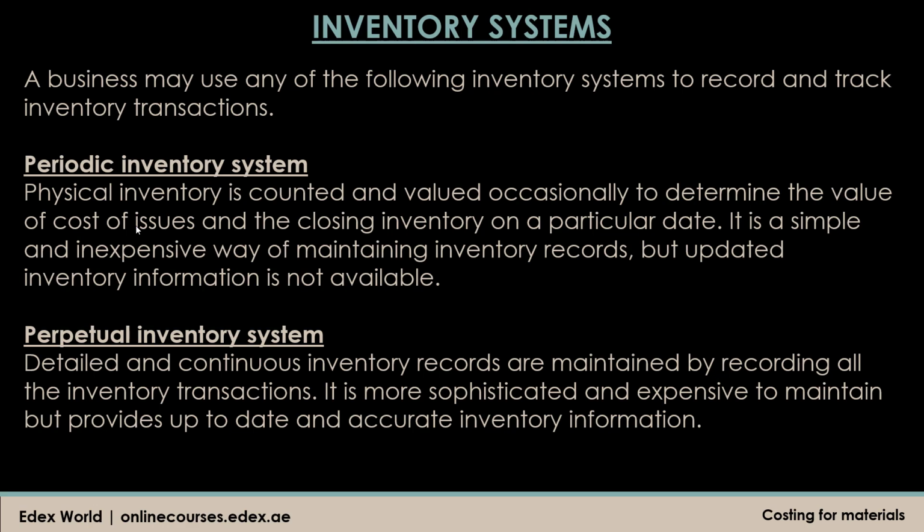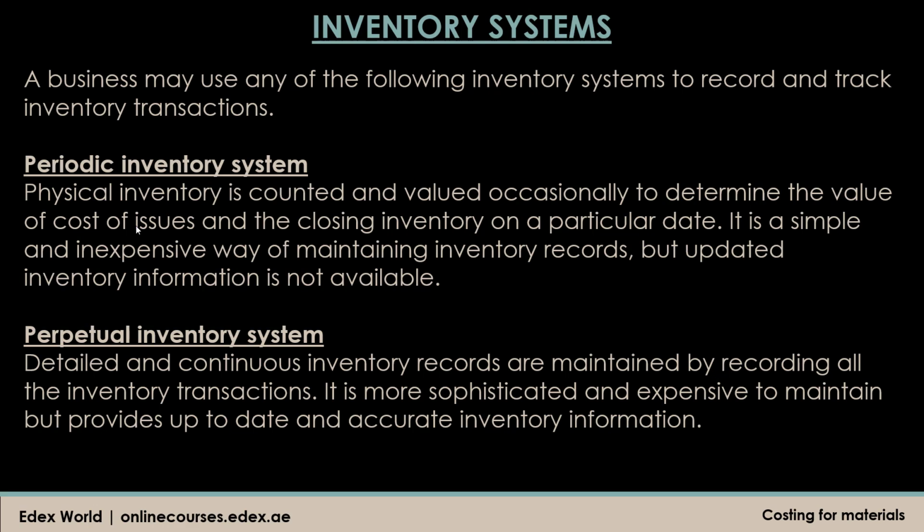On any given day, if you want to know the value of the closing inventory and the quantity of closing inventory, you can find out using the perpetual inventory system. Obviously, this system is much more detailed compared to the periodic inventory system, and it is obviously more tedious. It is more expensive to have such a system, but yes, it gives you accurate inventory information on any given date.